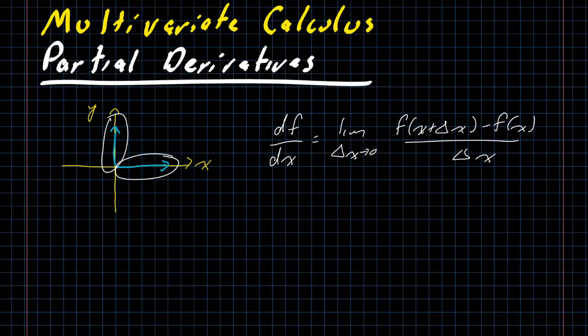Instead of using the symbol d that we always used for the derivative, we're going to use this symbol, which is kind of a curly d, and it's read as partial.